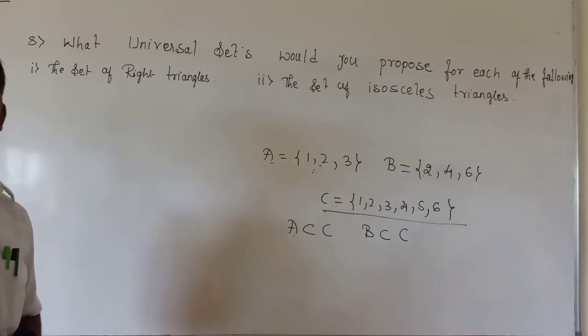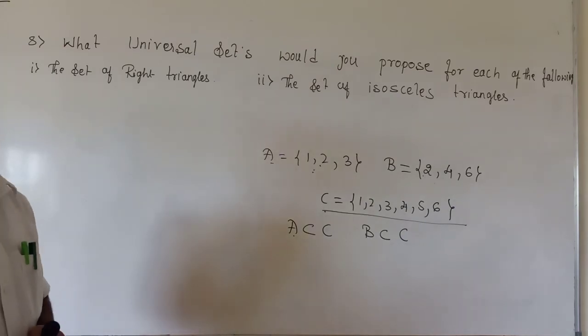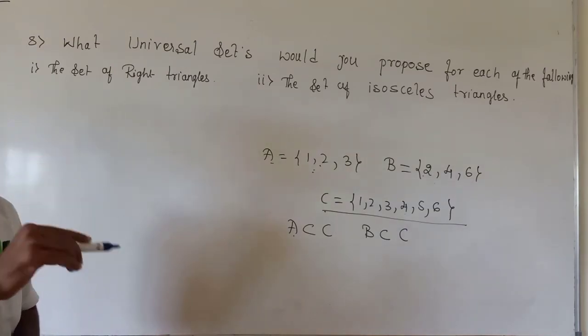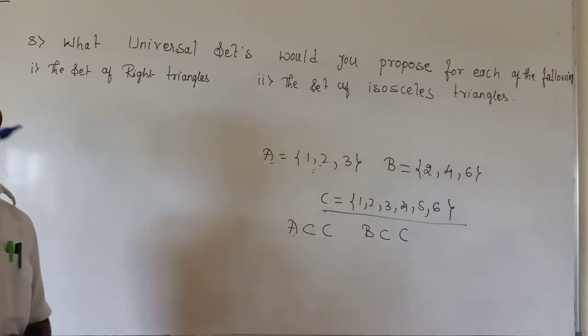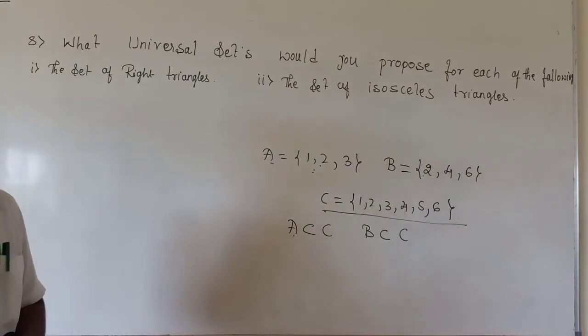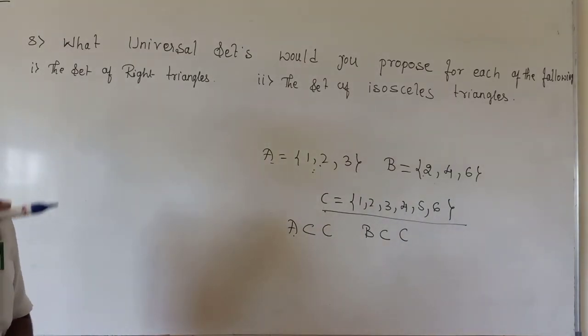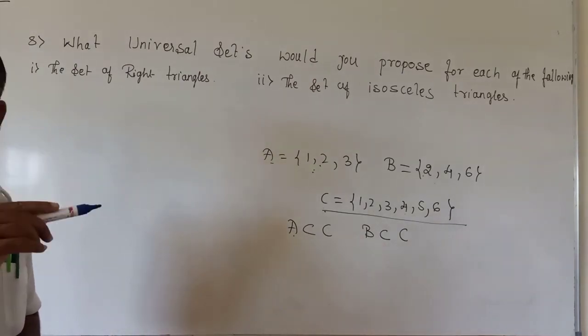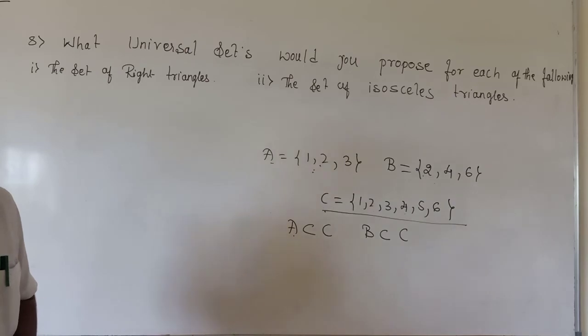Why? Because the real numbers contain all the elements of its subsets. We already know natural numbers are a subset of real numbers, integers are a subset of real numbers, and rational numbers are also a subset of real numbers. So all the numbers, natural, integer, rational, are all there in the real numbers.